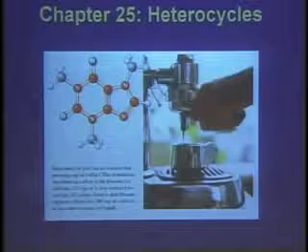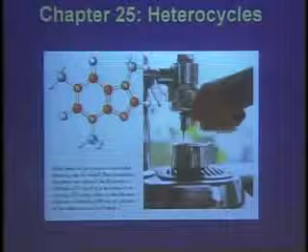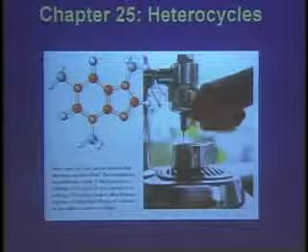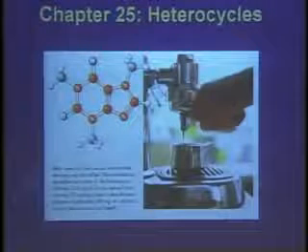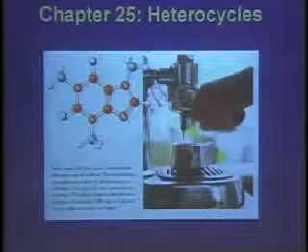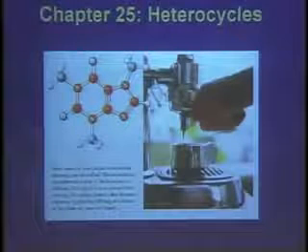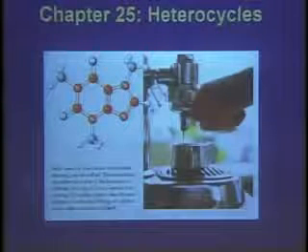Now let's move on to another class of compounds, or summarize what we've learned already about another class of compounds and expand a little bit on them, and that is heterocycles. So heterocycles are called such to distinguish them from carbocycles, which are rings based purely on carbon.